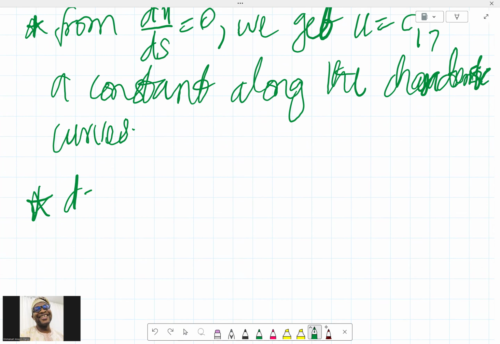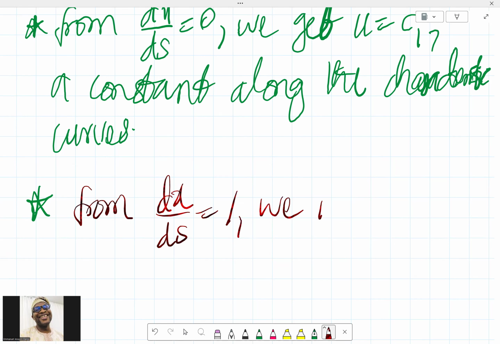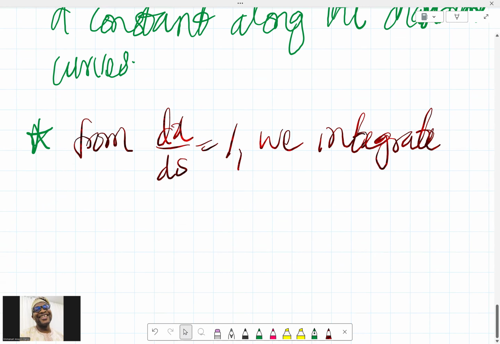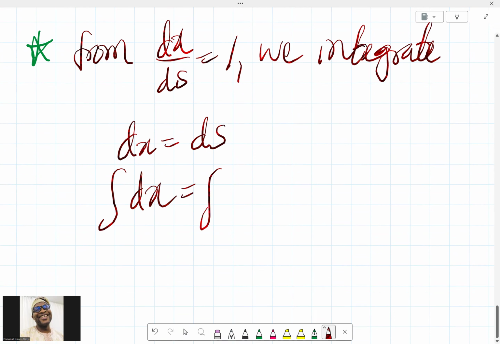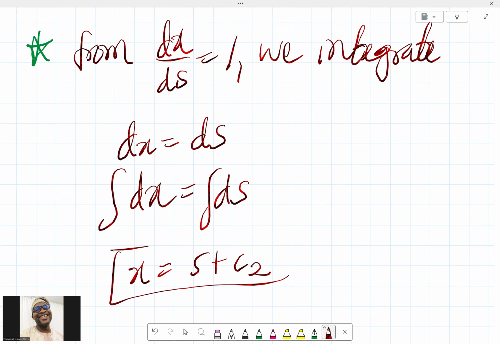Next, from dx ds equals 1, we integrate. We have dx equals ds, like we've always done, so the integral of dx equals the integral of ds. That is x equals s plus c2, since we already have c1.